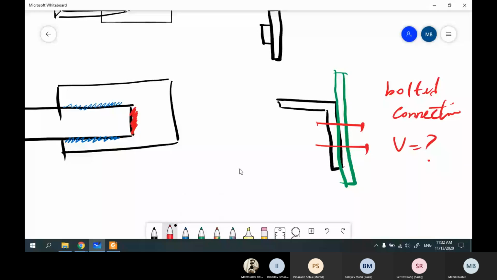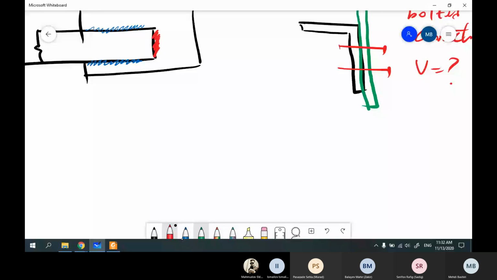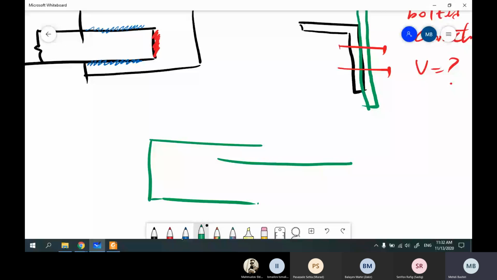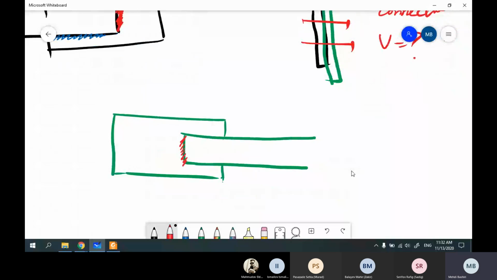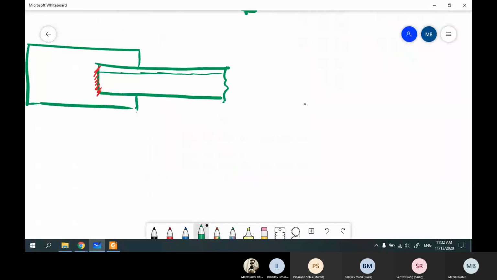But what if we see a case like this? This is the front view, and this one is the side view. In this case, the connection is like this.